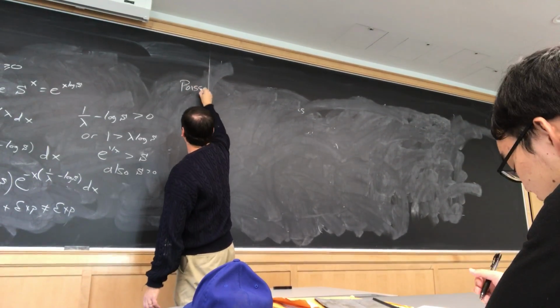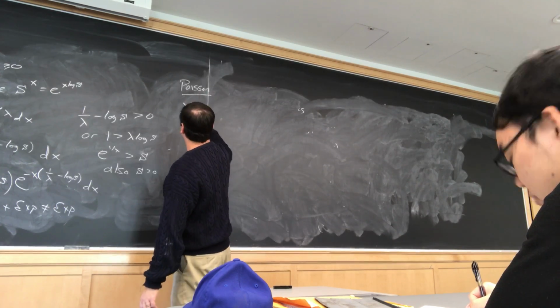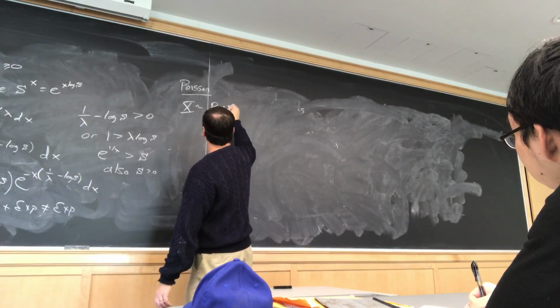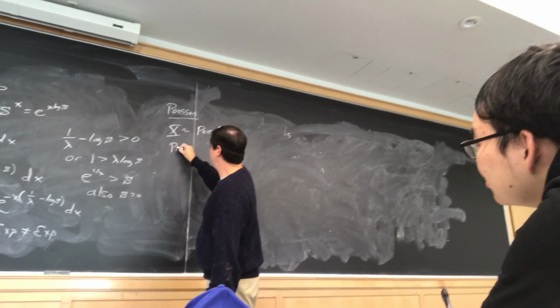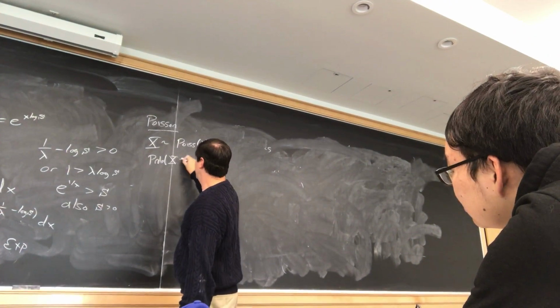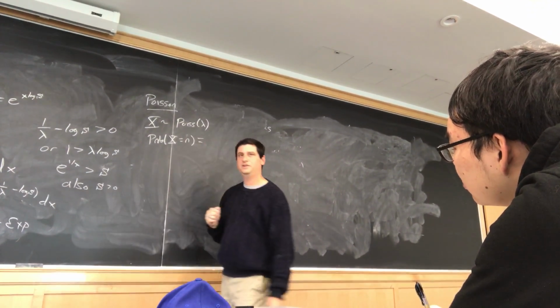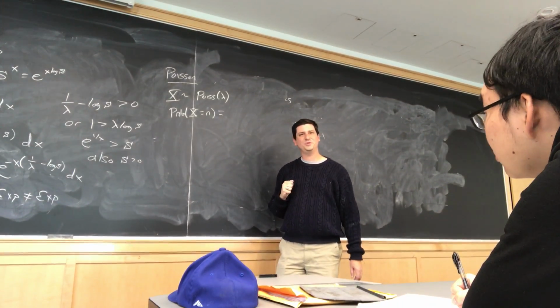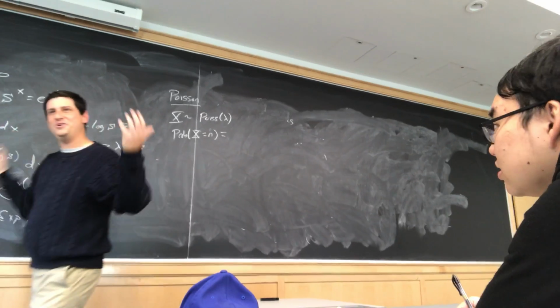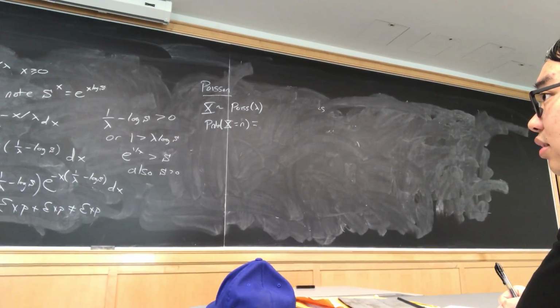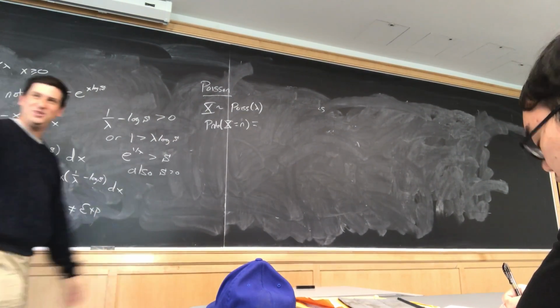Let's do Poisson. So x is Poisson with parameter lambda. So that means the probability that x equals n. Do we have anybody here who knows what the Poisson is? Sadly, there's a certain person who would have been wonderful to have here today, but can you fill in for them? Yeah.